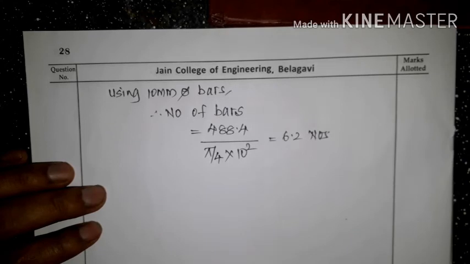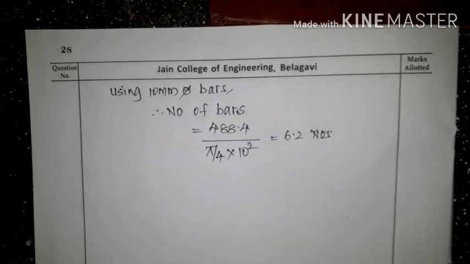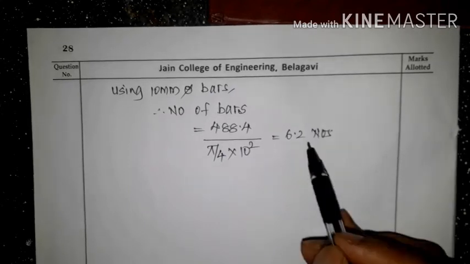Okay. So here one thing you have to remember, we have to provide the bars in additions of 3. If you provide 3, then next should be 6, then next should be 9. If you get 6.2, we cannot provide 7 bars.